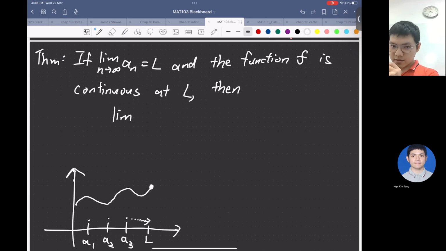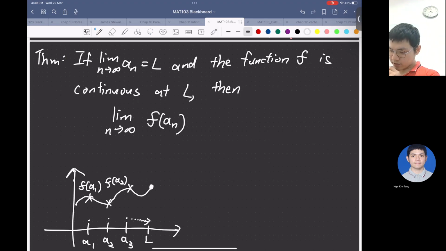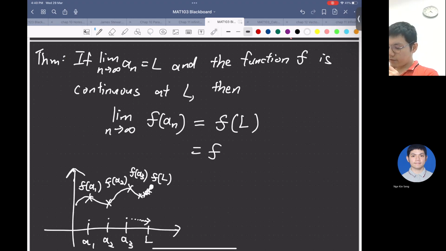Then the result is you can evaluate your f on these points. It may look quite random for the finite terms before, but as they get close to L, it is really evaluating your f at L.